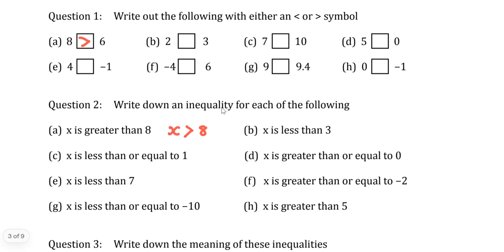So when we say the difference between this and this is what? It says that it's the exact same as 8, whereas with that it means that x is any number bigger than 8.